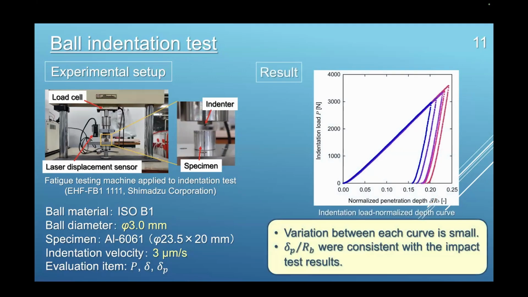As a result, we obtained the load normalized penetration depth curves like this. As you can see, the variation between the individual curves is very small. And please note here, the normalized indentation depths were consistent with the impact test results.